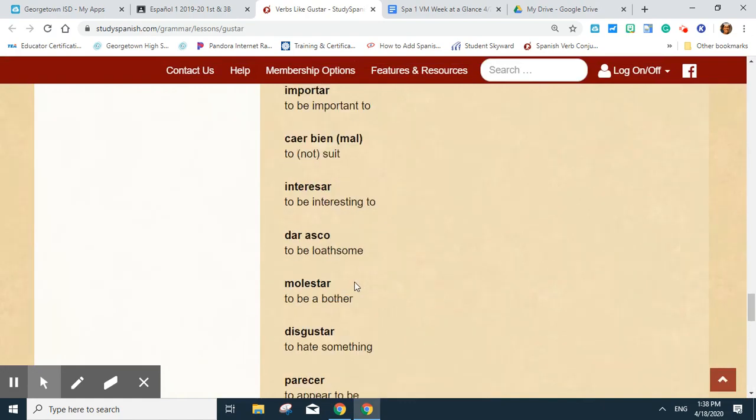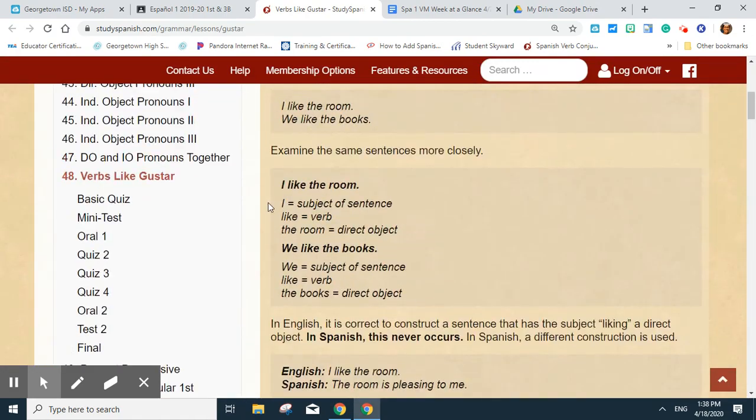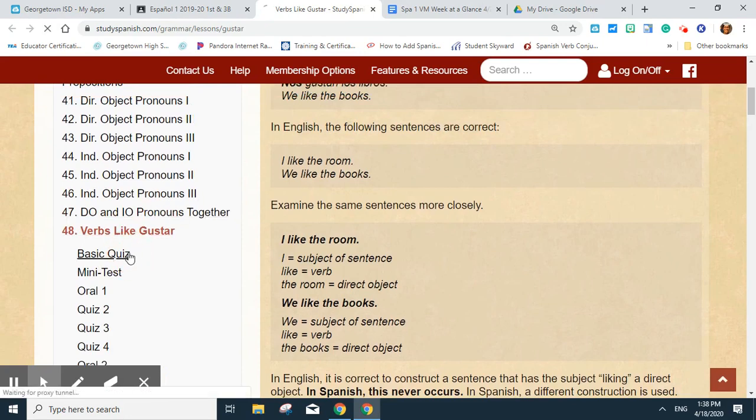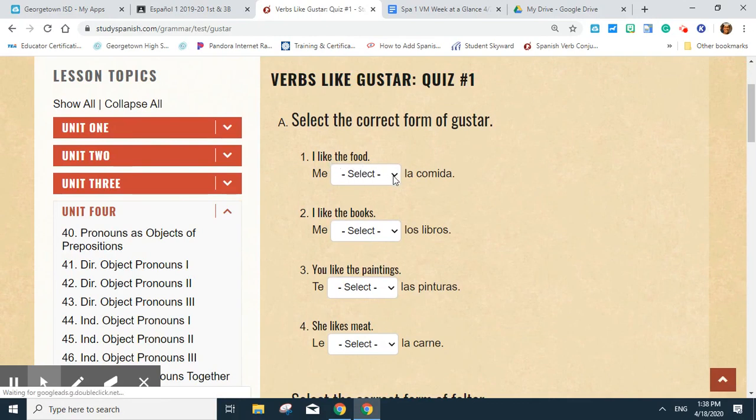So I'm going to do one example here of practice with you guys. I like the food. Me gusta o me gustan? La comida. It's singular. Me gusta. I like the books. Libros.